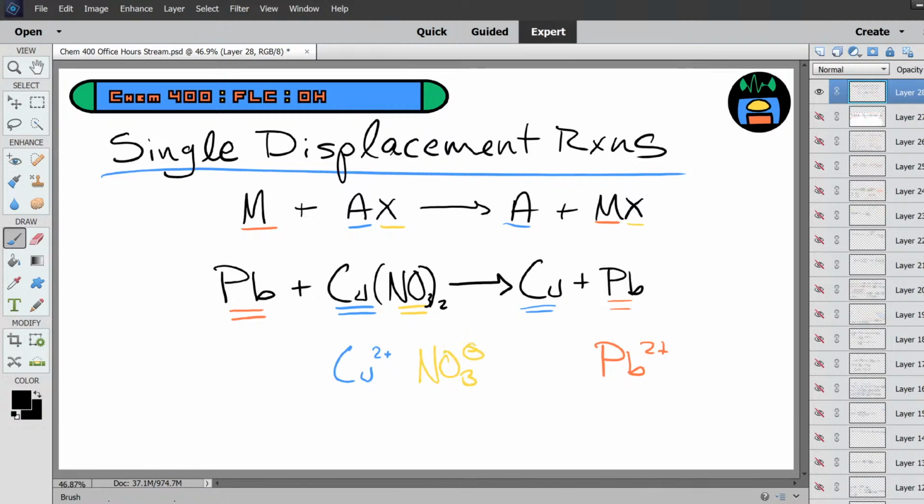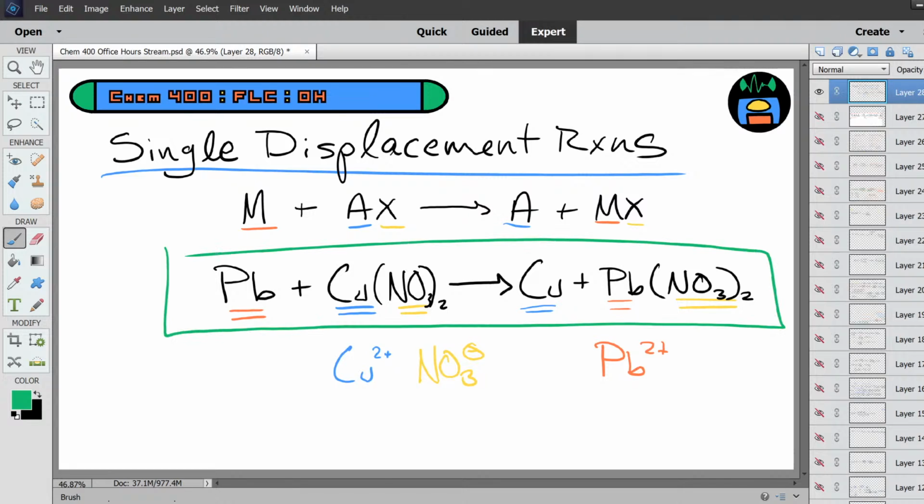So this gets paired with lead, and because lead has a positive 2 charge, we need 2 nitrates to balance it. So this is what they want you to write. It follows the format for a single displacement reaction, but this is how you take that format with real reactants and apply it to the situation.